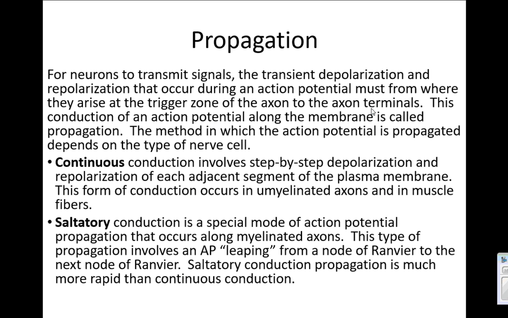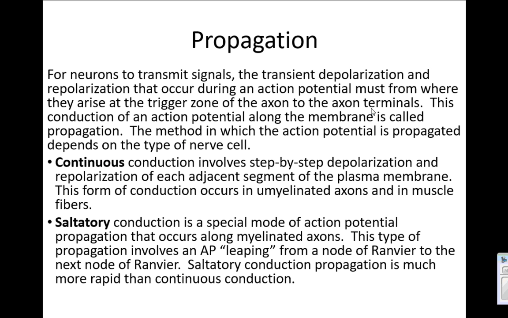Remember, neurons, and I'm just going to draw a simple one up on the board, have this segment right where the cell body tapers to become the axon, and that's called the axon hillock. Right in there is what we call the trigger zone, which is where the action potential is first triggered, hence the name.